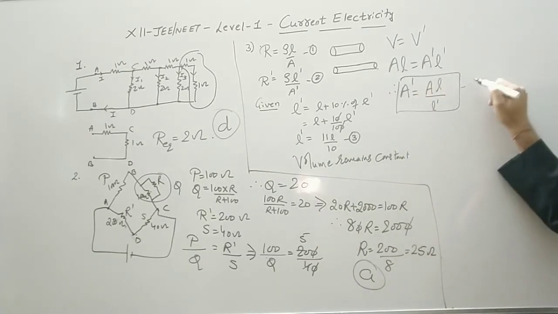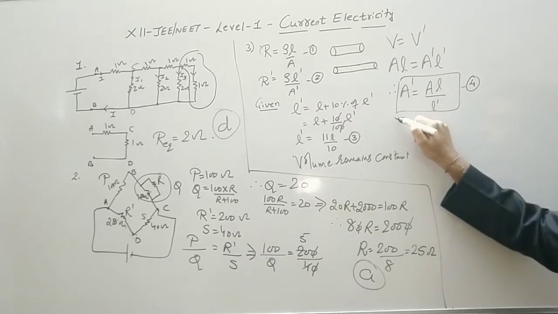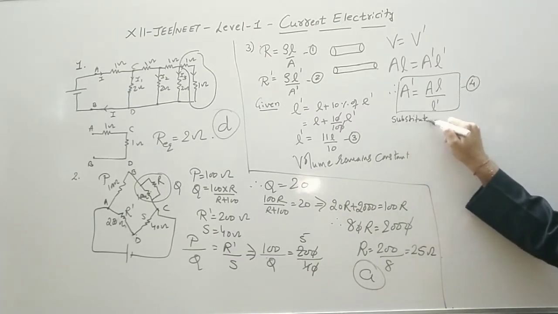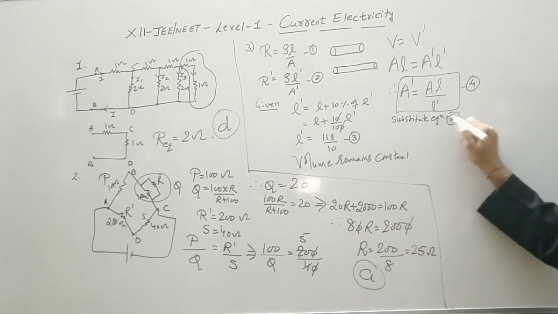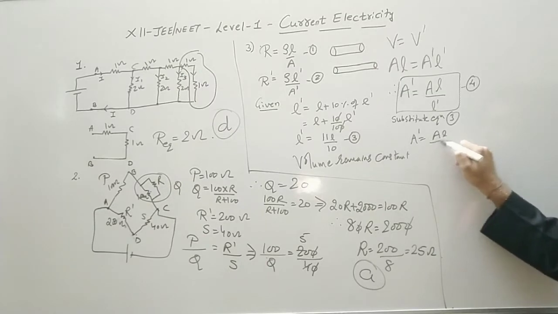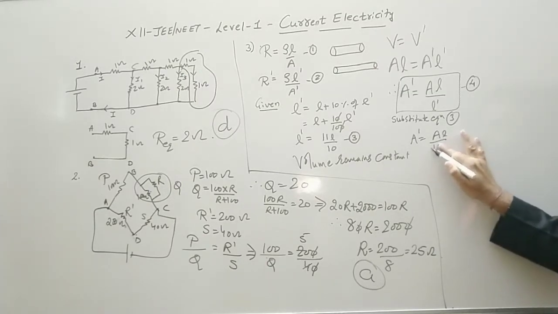Say equation number 4. Now if I use equation 3, so substitute equation 3. So A dash is equal to AL upon 11L divided by 10.